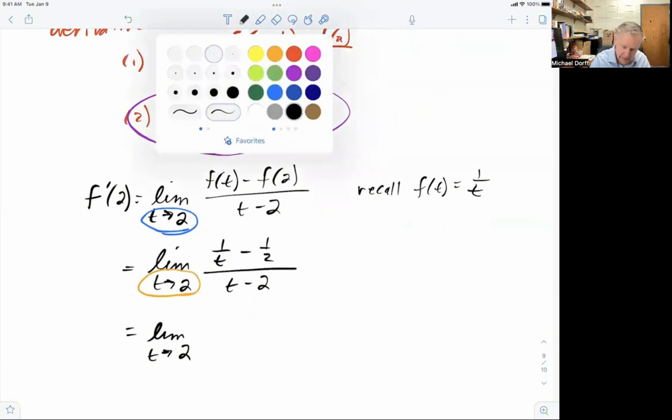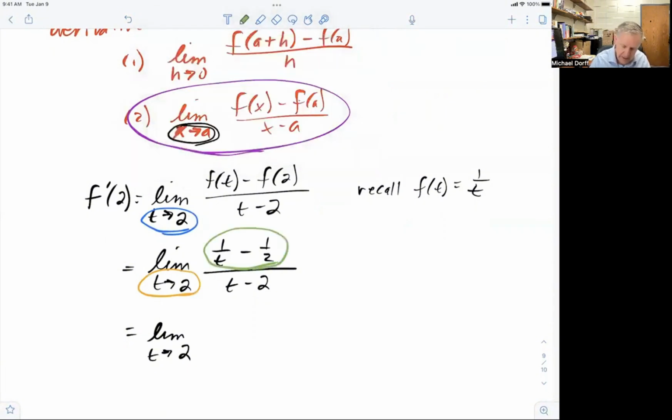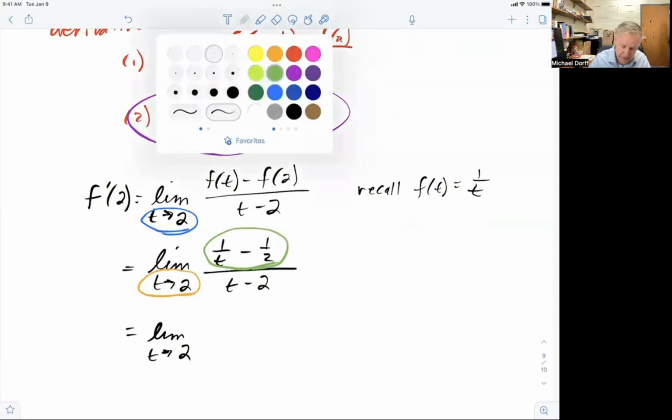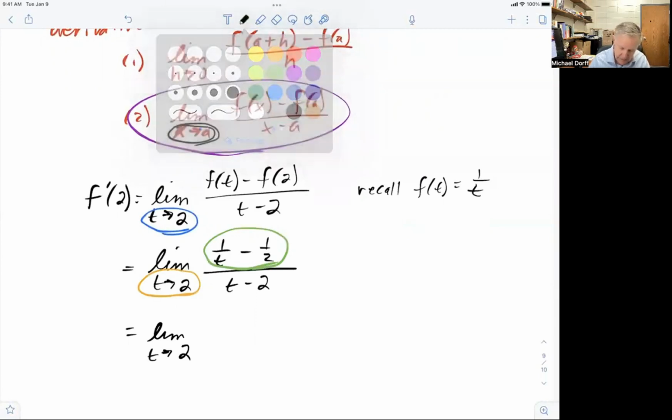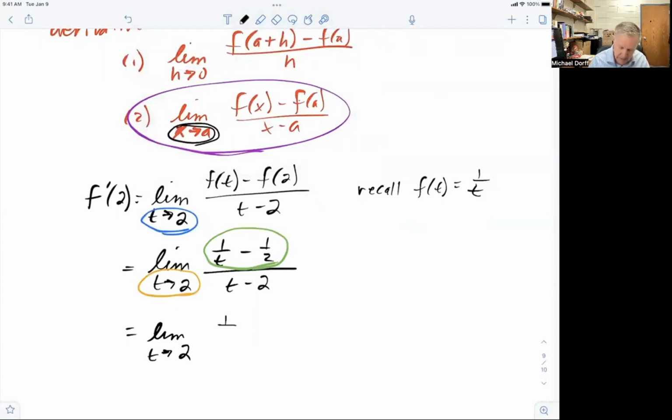Well, I'm going to take what's in the numerator and combine it to get one fraction, so I get a common denominator. My common denominator will be 2t. So I'm going to have a 2 over 2t minus a t over 2t in the numerator, and in the bottom, I'm going to have t minus 2. So I've rewritten what's in the top to be that.